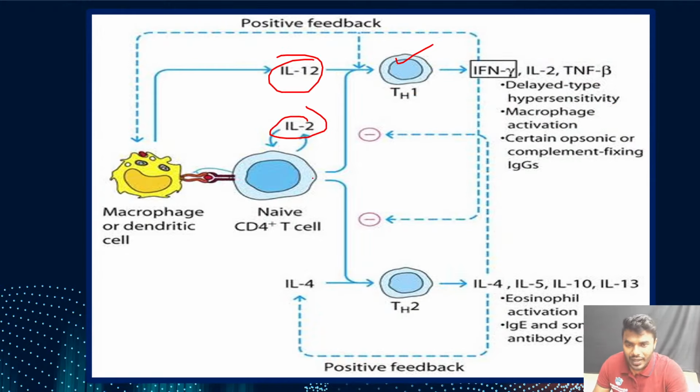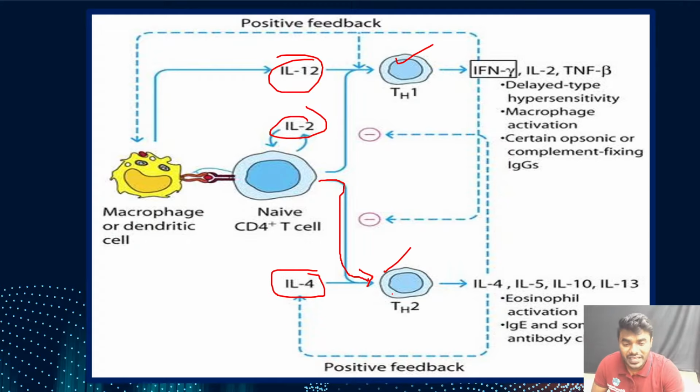Friends, listen. Whatever interleukin 2 is released from this T cell will come and activate the T helper 2 also. But if they ask you a question in the exam, which interleukin plays a key role in the activation of T helper cell 2? Always remember interleukin 4.